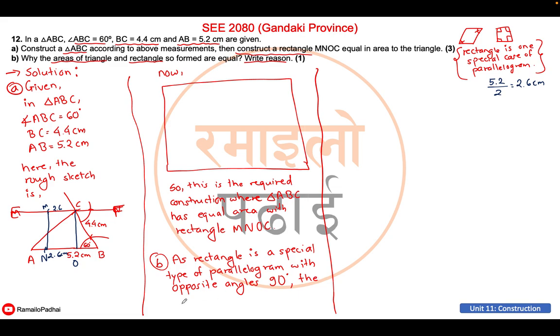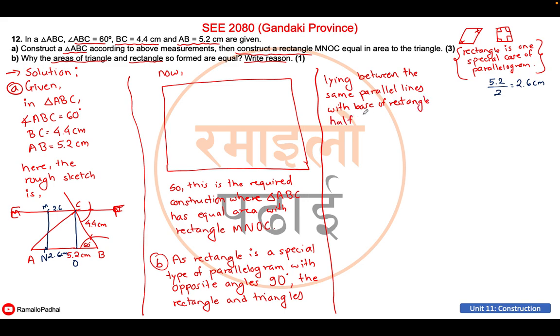The rectangle and triangles lying between the same parallel lines, with base of rectangle half the base of triangle, will have equal area. Okay, so this is explanation.